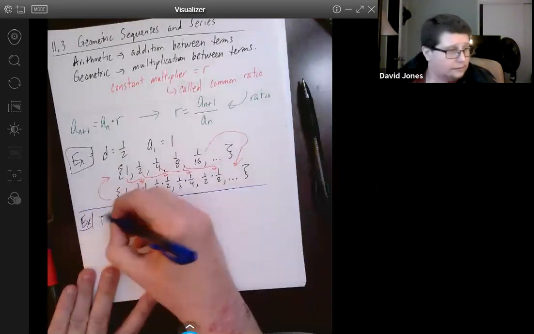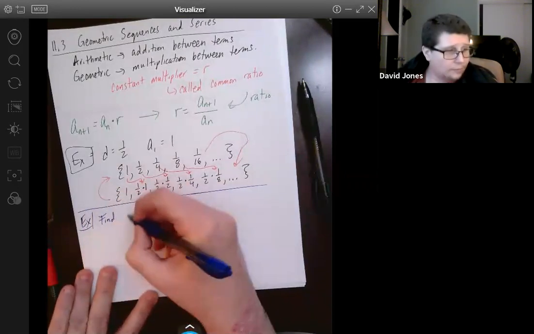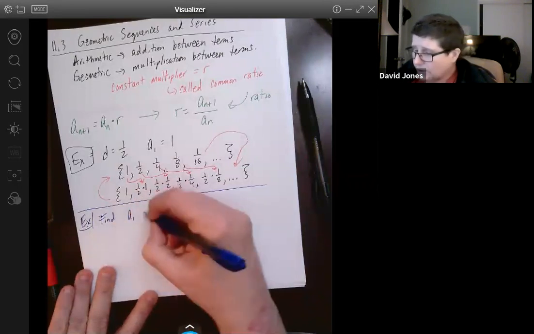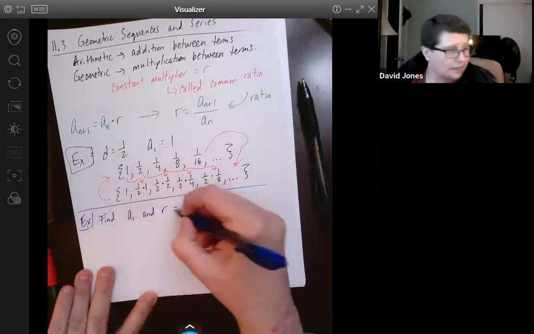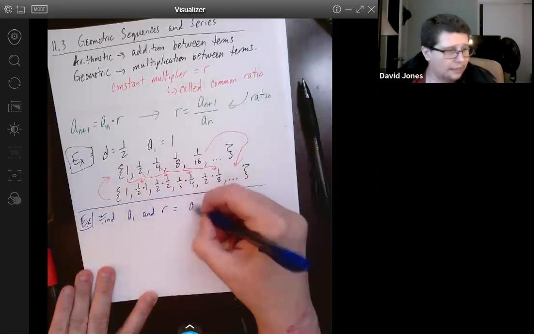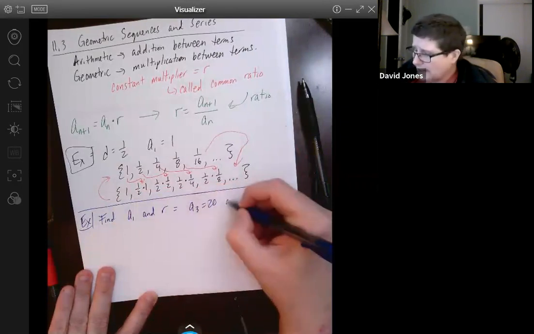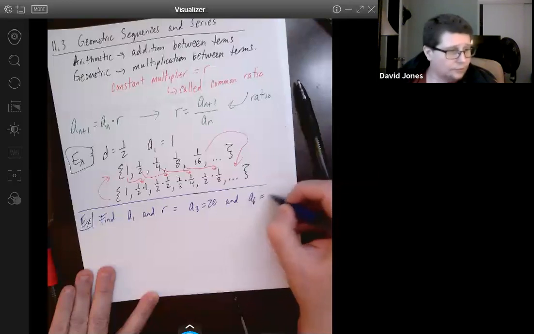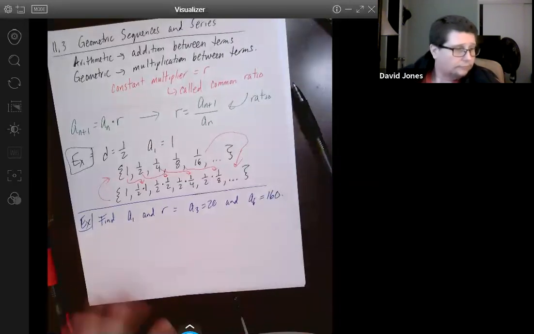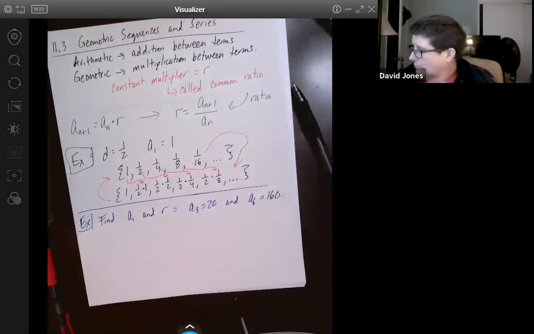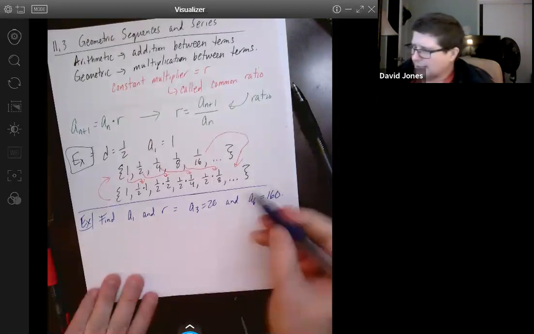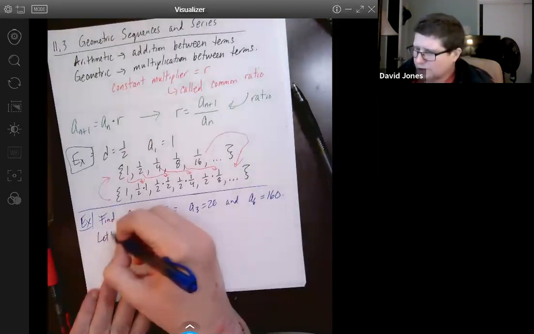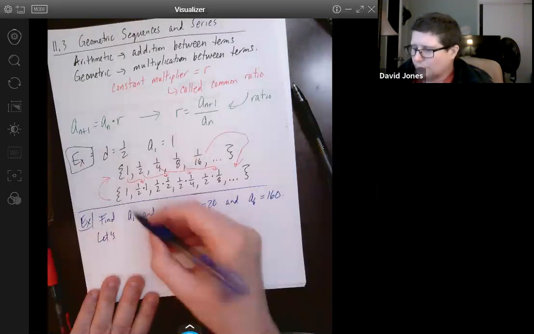Find a sub 1 and r if a sub 3 equals 20 and a sub 6 equals 160. Actually, let's come back to that. Let's make a shortcut formula for doing a sub 1.